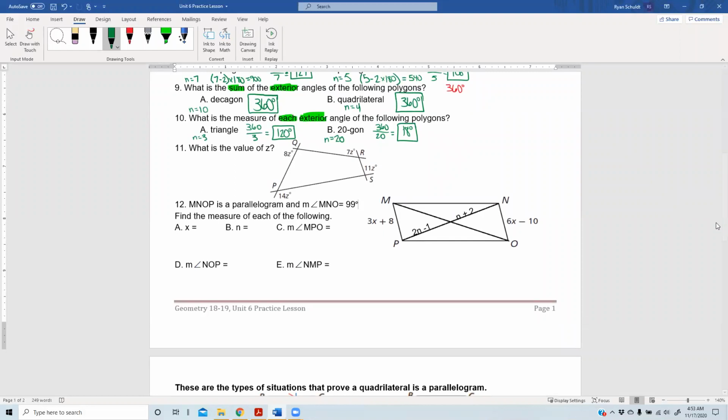Okay, number 11, they ask us to find the value of z. Well, what kind of angles are all of these that they give us? These are all exterior, and what do all exterior angles have to add to? 360. So we can set up our equation by adding them all up and setting them equal to that, 360. 8z plus 7z plus 11z plus 14z equals 360.